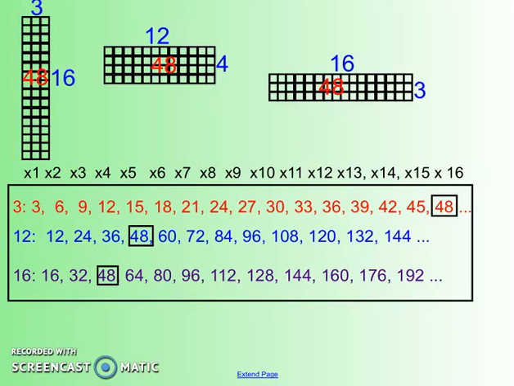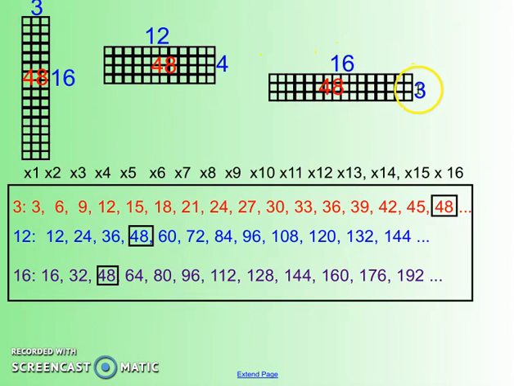Okay, so here's another visual of that. Do you notice that all three of the rectangles have an area of 48? So 3 times 16 gets me to 48, and that's my top number. That is this factor. 12 times 4 is 48, and that is my factor that I began with.